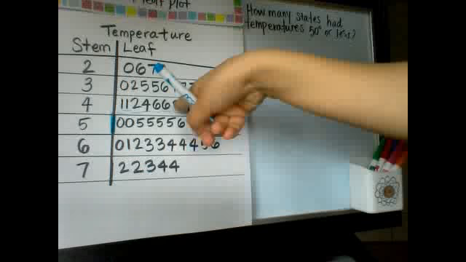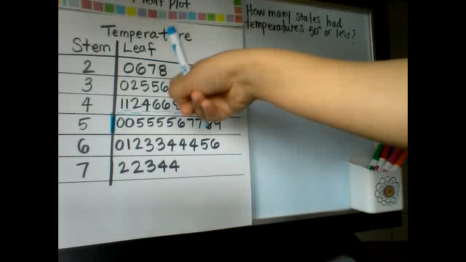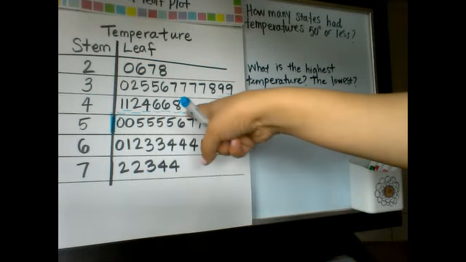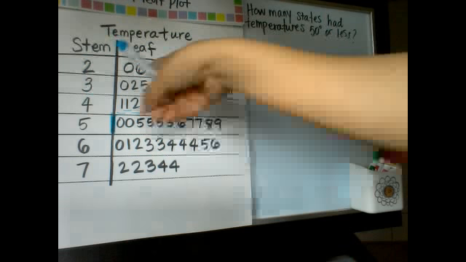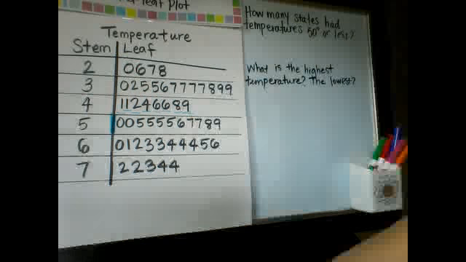If you count all of these digits, those all stand for different temperatures on February 14th. Let's see, 2, 4, 6, 8, 10, 12, 14, 16, 18, 20, 22, 24. 24 states had temperatures of 50 degrees or less.